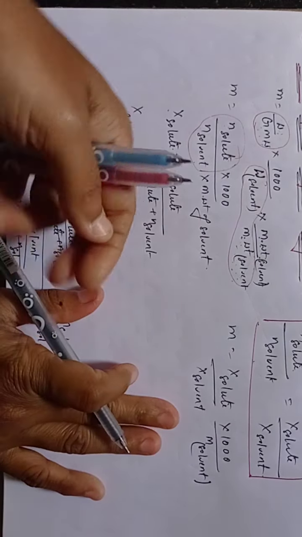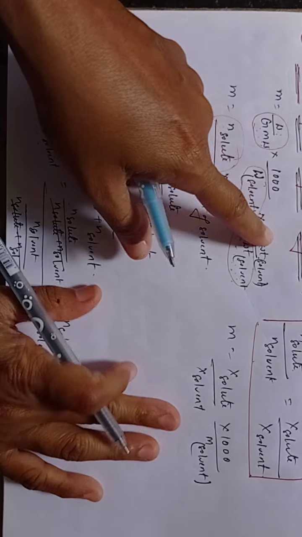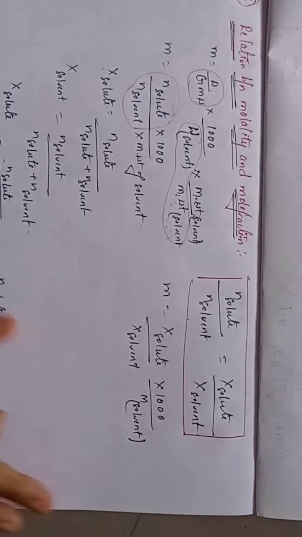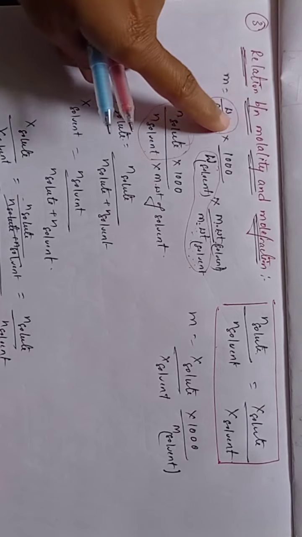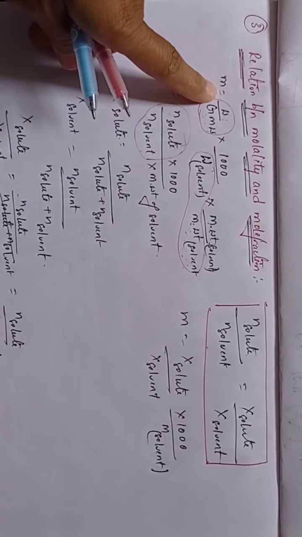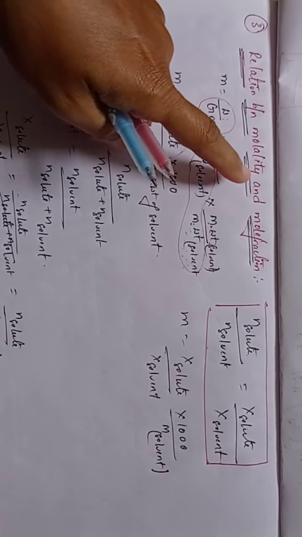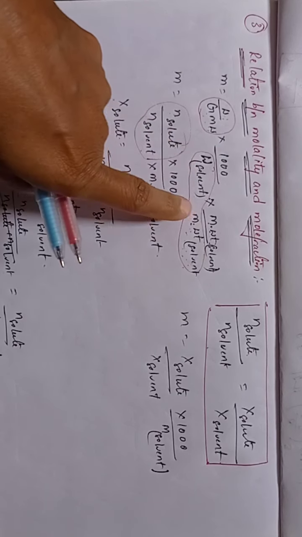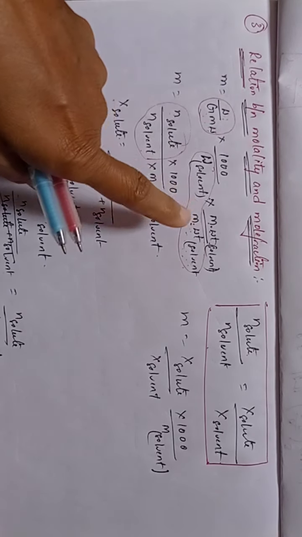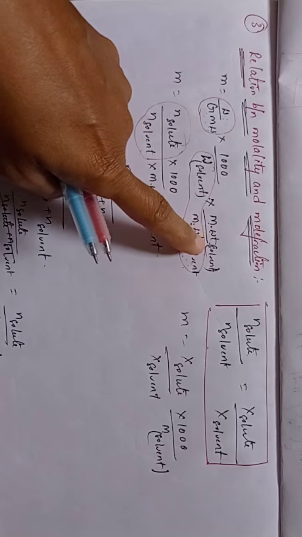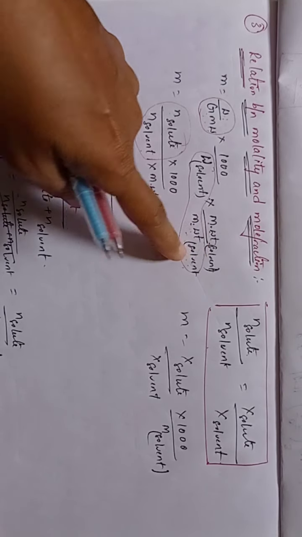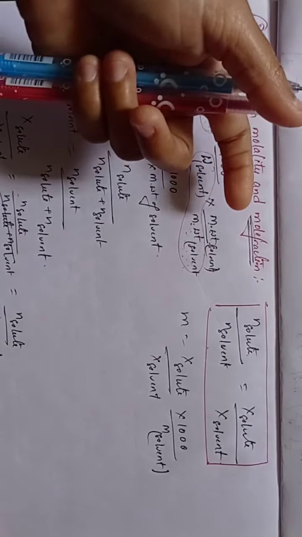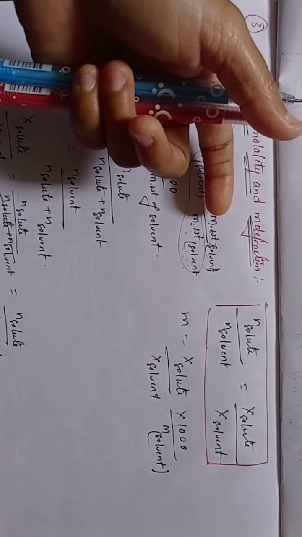This is the relation between molality and mole fraction, students, clear this one. So small m is equal to weight of the solute by gram molecular weight into 1000 by weight of the solvent. Here I'm taking molecular weight of the solvent by molecular weight of the solvent, just multiplying numerator and denominator both.